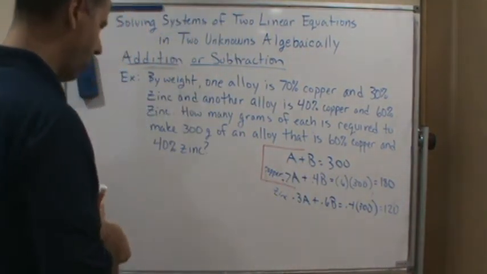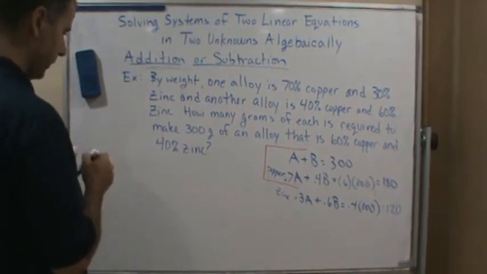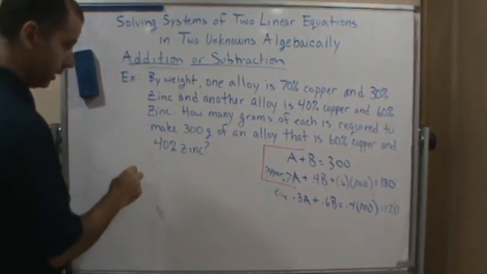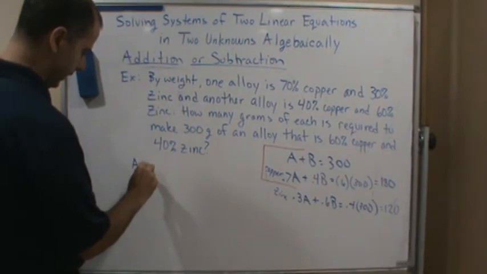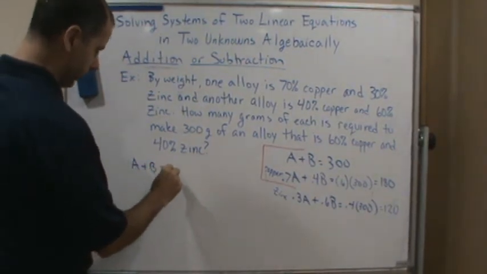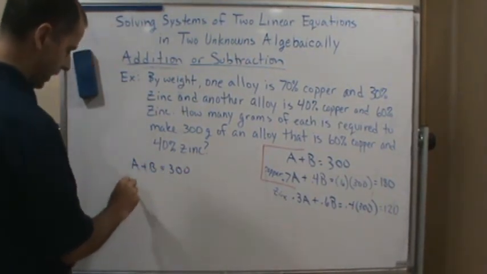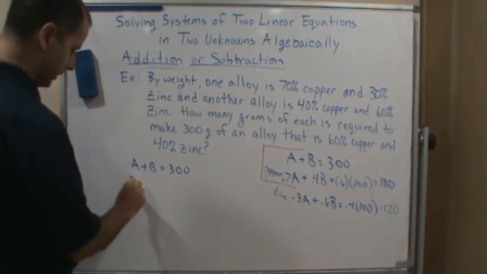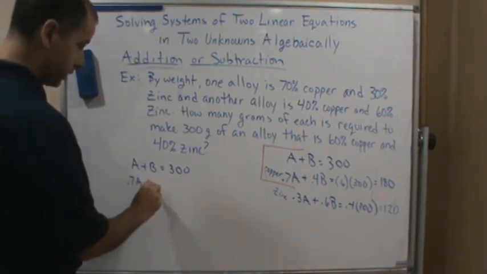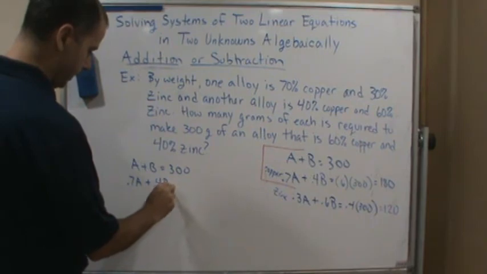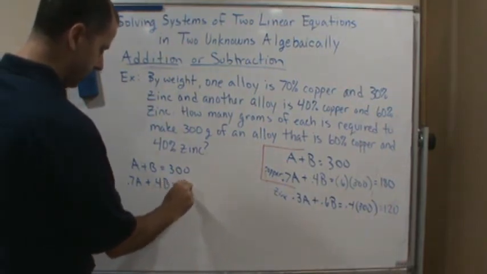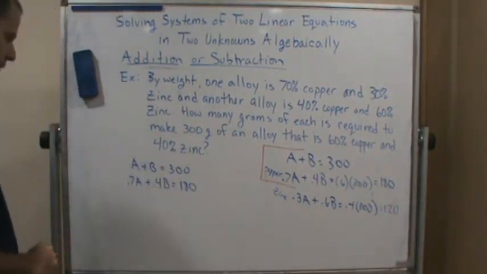Now let me set it up over here. So we've got A plus B equals 300, and we've got 0.7A plus 0.4B equals 180. So they're in standard form.